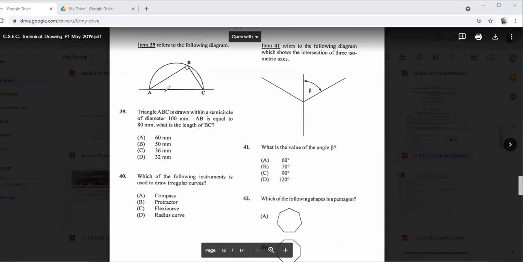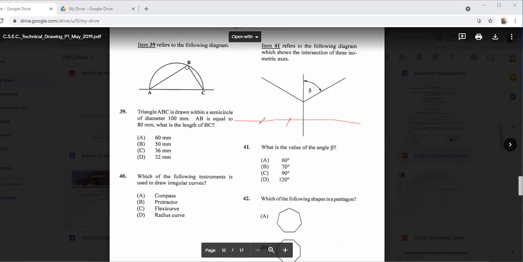So if here is 100, here is 80, BC is 80. You can pretty much look at the answers that they give you and guess the length of this side, BC. What you could do to work this out is open a compass to 50.